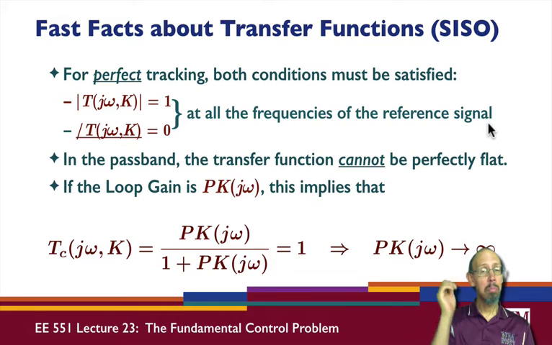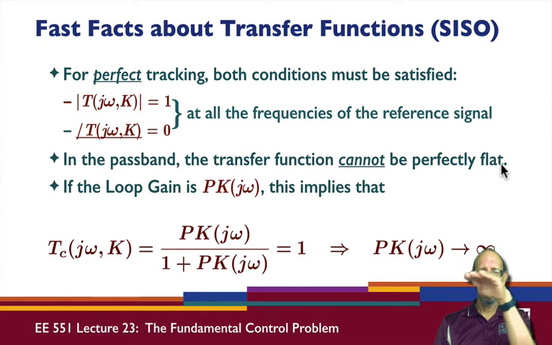So if we're looking at a band-limited signal, where we have a band of frequencies that we're considering, it turns out that in the pass band, the transfer function magnitude cannot be perfectly flat. It cannot be exactly 1 for all frequencies in that pass band.